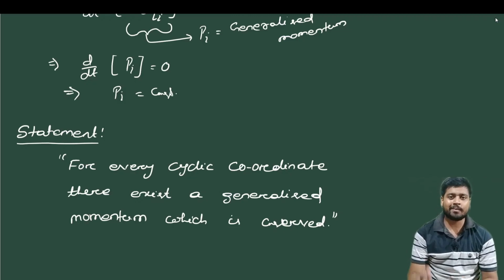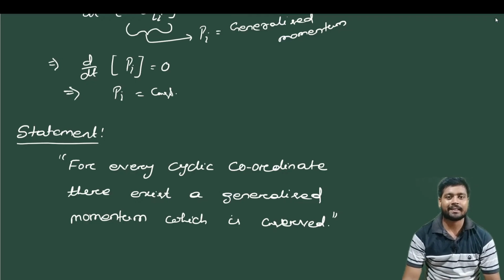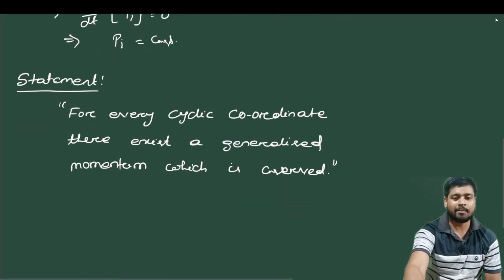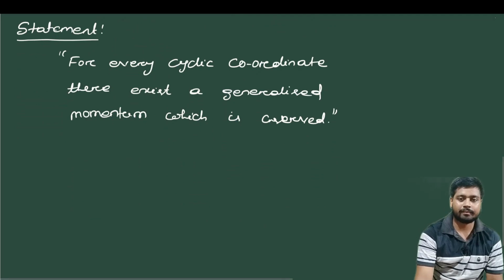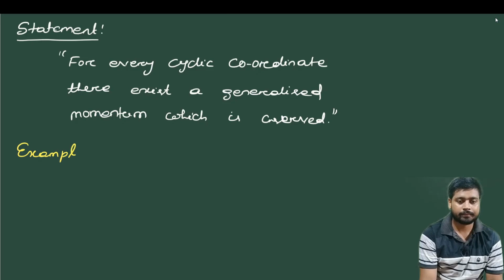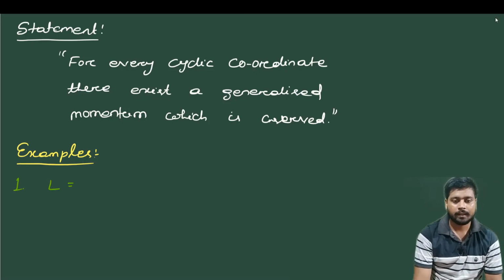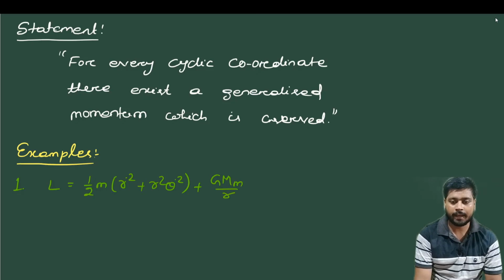Then let us take some examples to understand the cyclic coordinate. First example: let our L be equal to half m times r dot square plus r square theta dot square, plus G capital M small m by r.